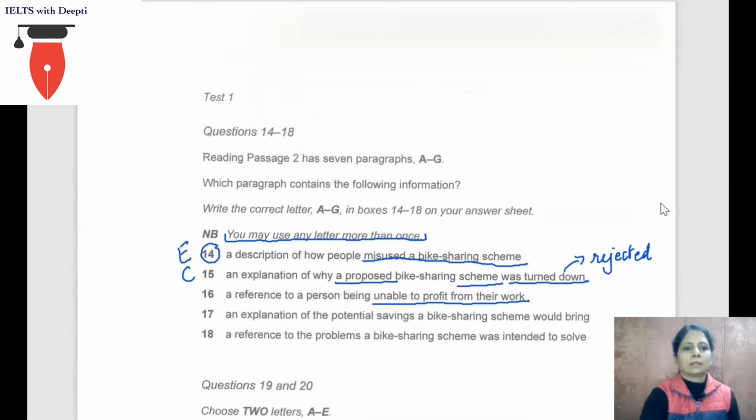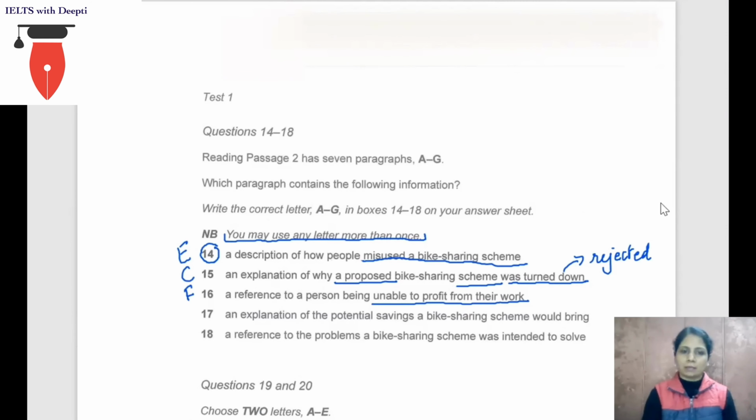Okay, let's move to the next one. Number 17. An explanation of the potential savings a bike sharing scheme would bring. So here we are talking about an explanation about the saving that a bike sharing scheme would bring. So going back to paragraphs, if you remember in paragraph C, we discussed this.